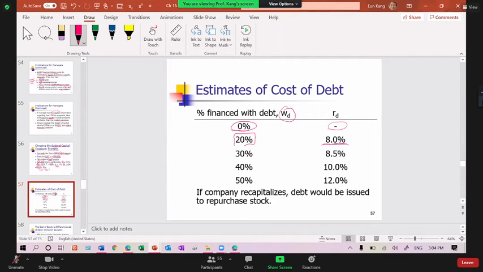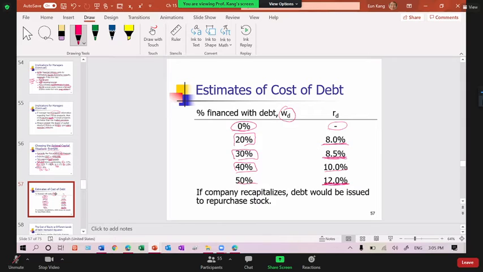More like a realistic scenario. More debt means what? Higher debt interest rate. That is what? Companies become more risky. So as you borrow more, higher interest rate. So it's very high because bankruptcy costs related.